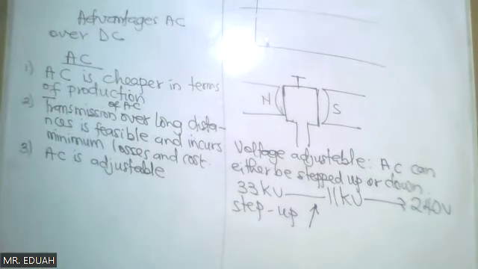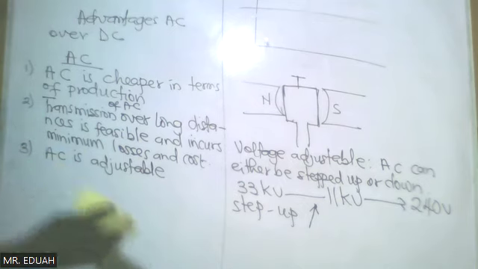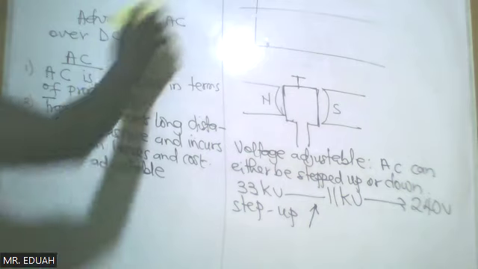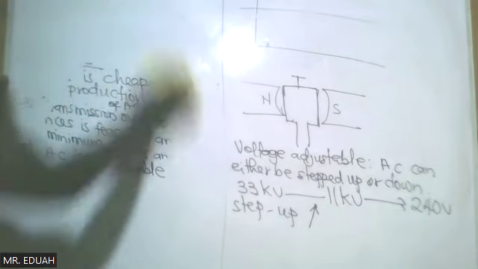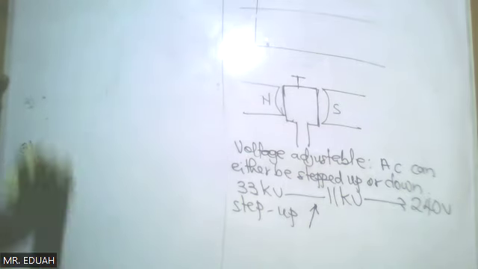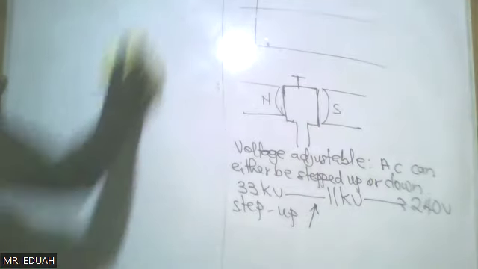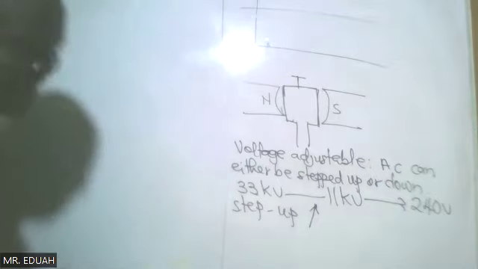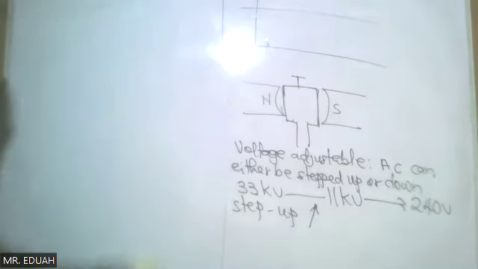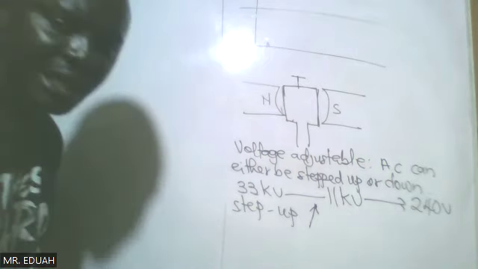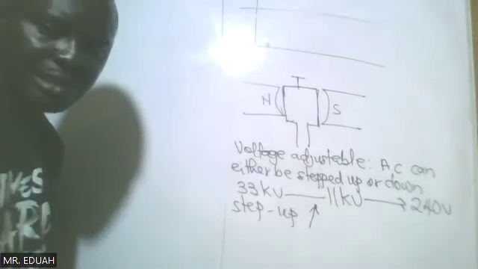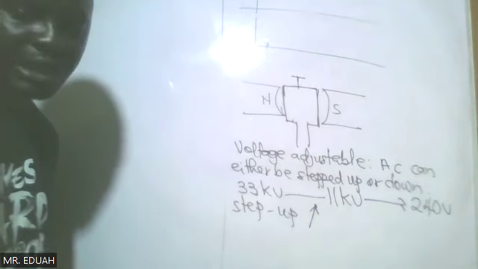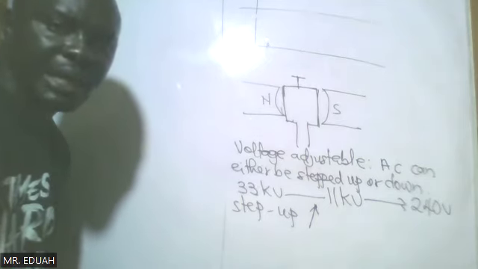Let's look at how AC actually looks. If you recall, when we were doing simple harmonic motion, we talked about the fact that an example of simple harmonic motion is the motion of electrons in a conductor. Here we were referring to alternating current.